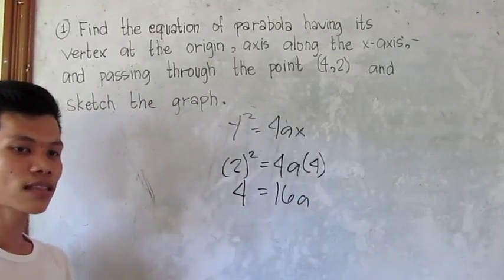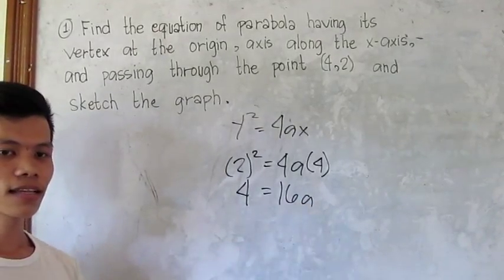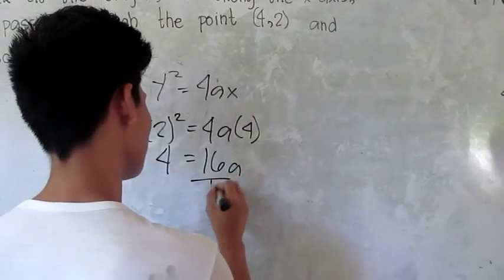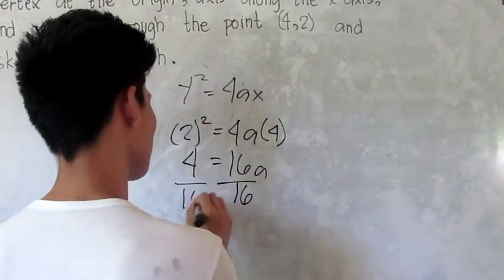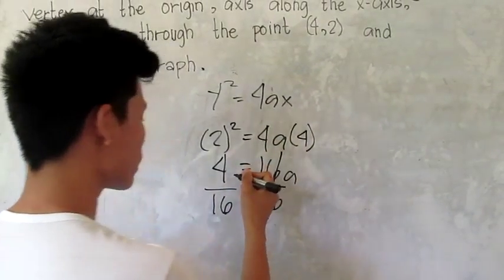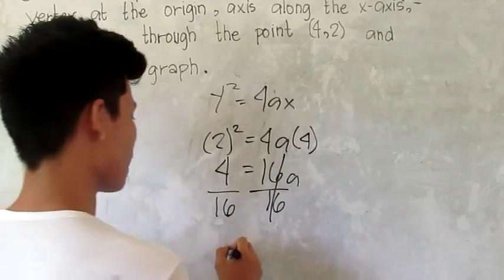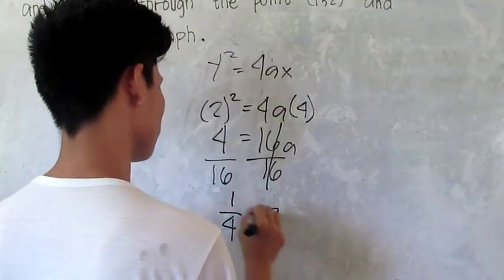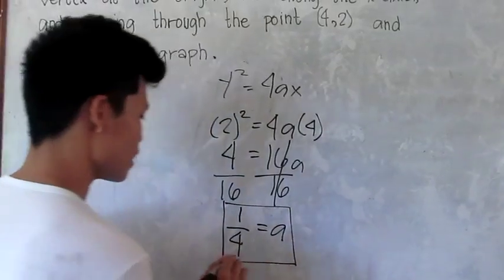In order to get the value of a, divide by the coefficient. And then we're going to cancel and divide 4 into 16. So the value of a is 1/4.